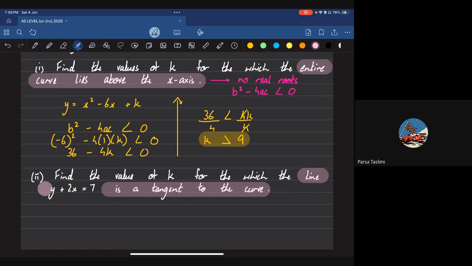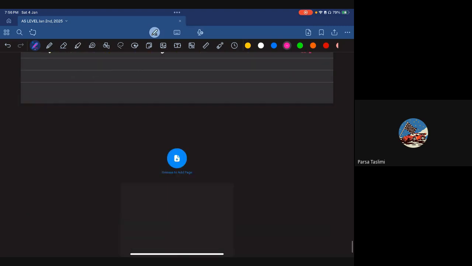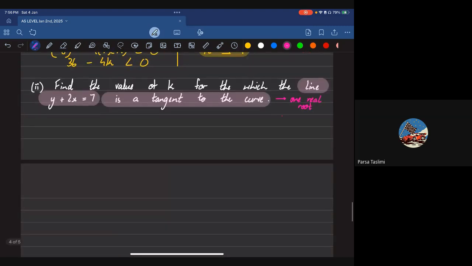We'll deal with the line, but this is simply telling me that I have one real root, or you can say one solution, or it just simply means that I can use b squared minus 4ac is equal to 0.